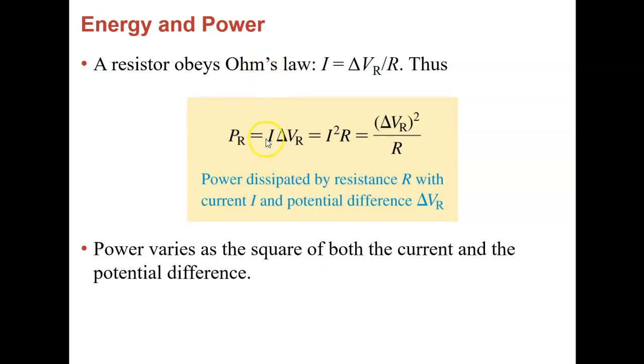Because resistors are ohmic, for V, we substitute I times R. So then we have I squared times R. And we can then substitute for I to get V over R, so V squared over R. So power varies as the square of both the current and the potential difference.